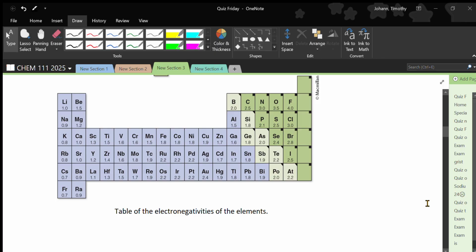So if we want to think about polar bonds versus nonpolar bonds, your book has a nice little line here. We're going to talk about the difference in electronegativity between atoms.